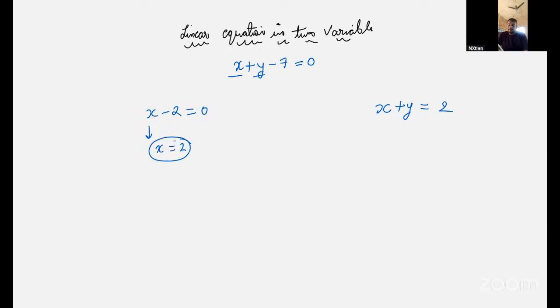Yes. But here, can you put any other value other than x is equal to 2? When you put it, you will get the answer as 0. Any value in the number system.